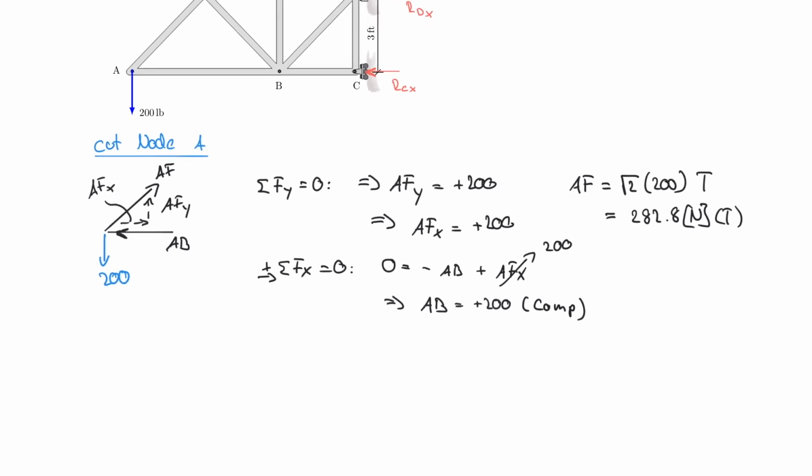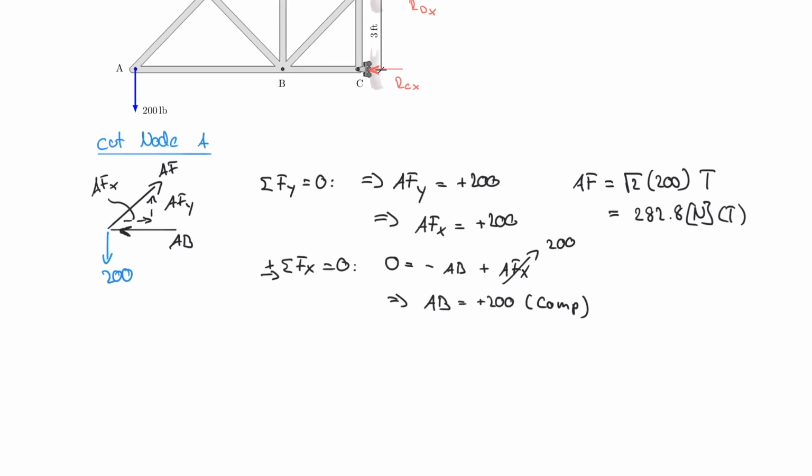Let me write out what we're doing. So we're going to cut node or joint F. And if I want to draw that cut, it's going to look as follows. I have the diagonal member, the horizontal member, and the other diagonal member.